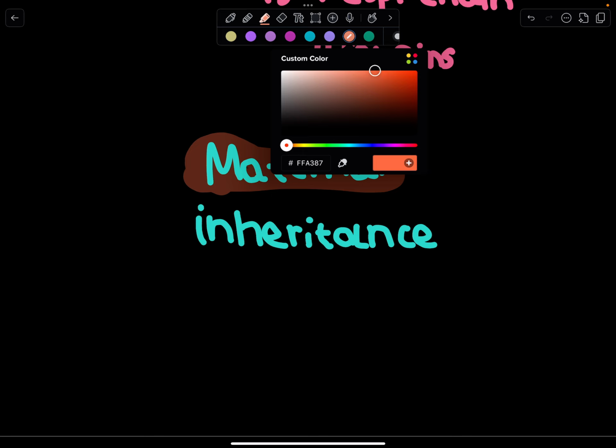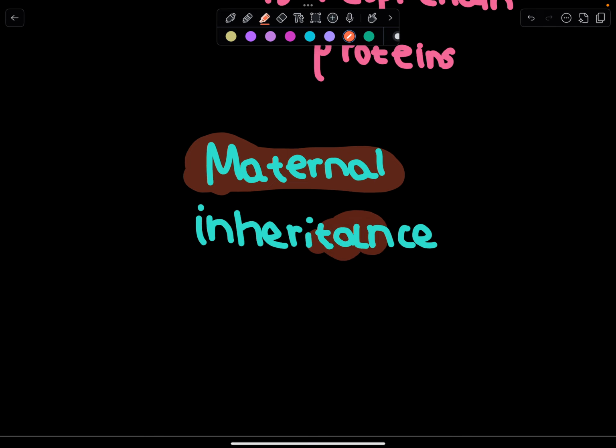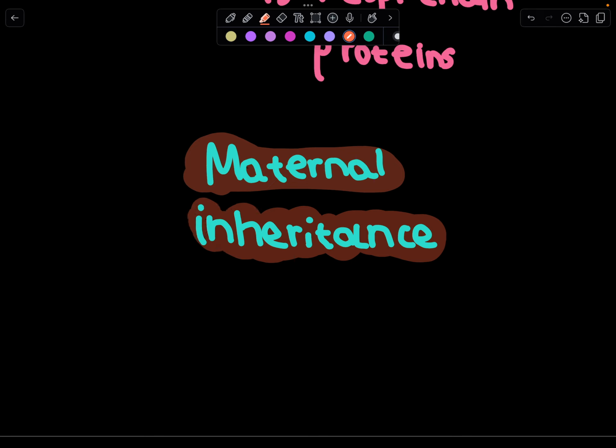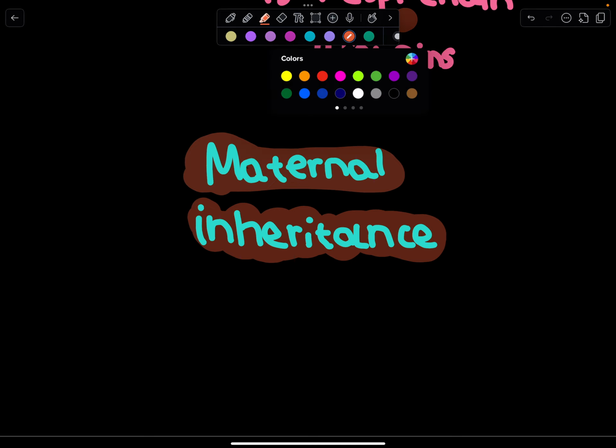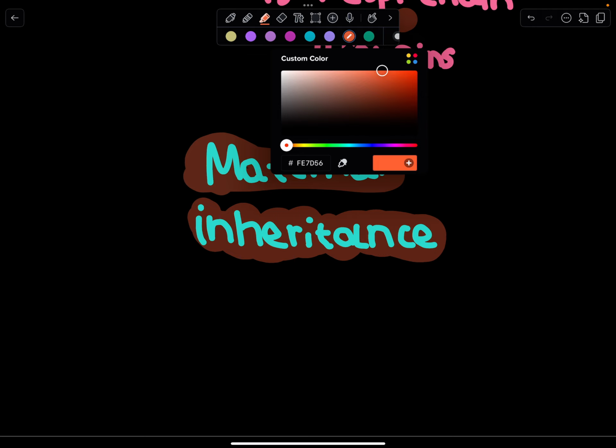So what impact does this have on humanity? The fact that we only have mother inheritance. Maternal inheritance of mitochondrial DNA, mtDNA, means all humans inherit their mitochondria solely from their mother, shaping how mitochondrial diseases, caused by mtDNA mutations, are passed down exclusively through the maternal line.